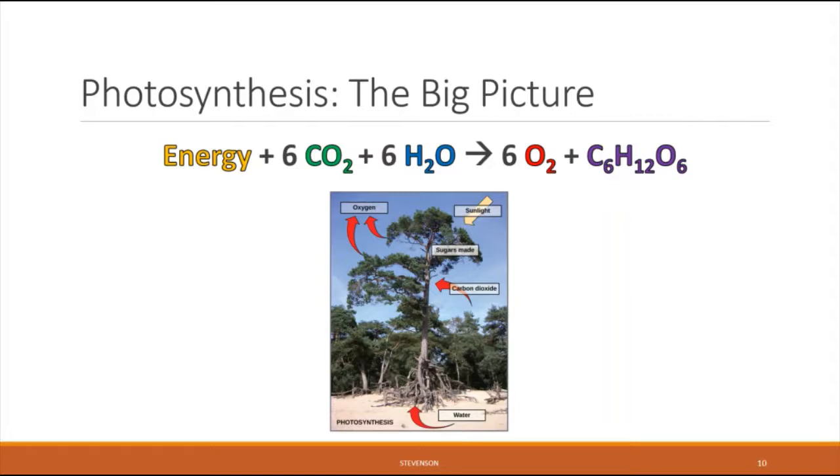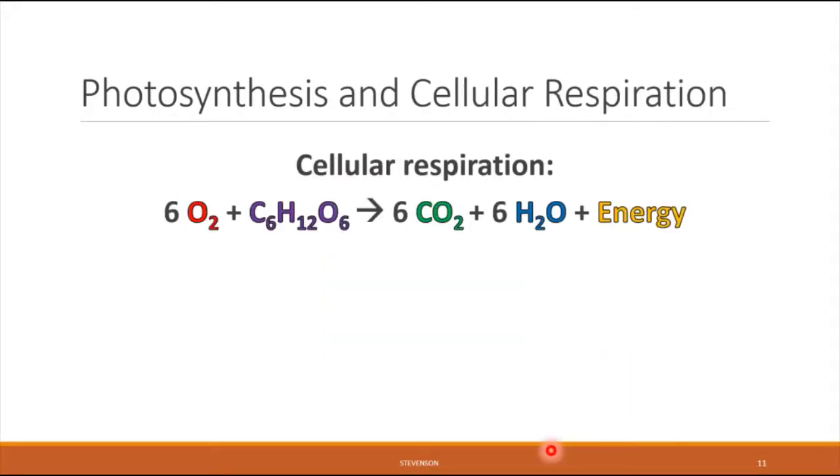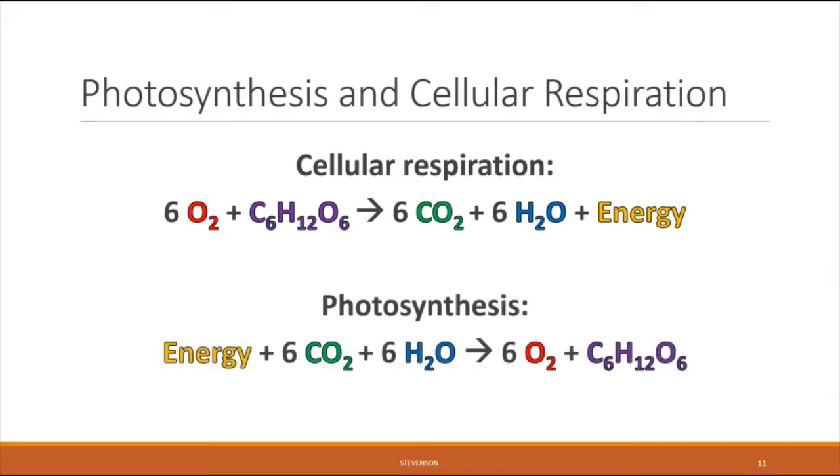And if something looks familiar about this equation, it's probably because you've noticed that it is the exact opposite of the equation for cellular respiration. Whereas cellular respiration takes oxygen and glucose and breaks it down into carbon dioxide, water, and energy, photosynthesis takes energy, albeit in a different form, and carbon dioxide and water, and builds it up into glucose and releases oxygen.